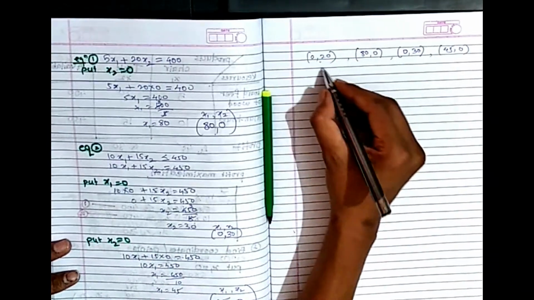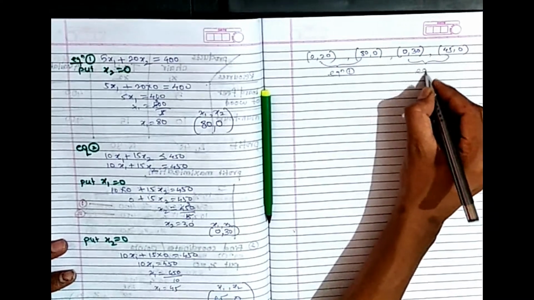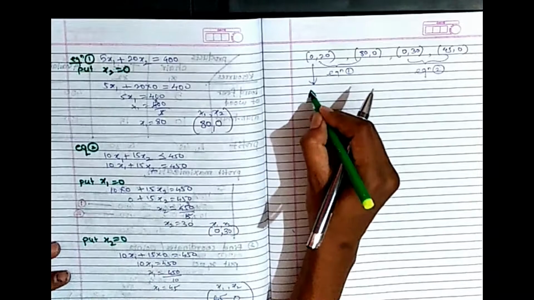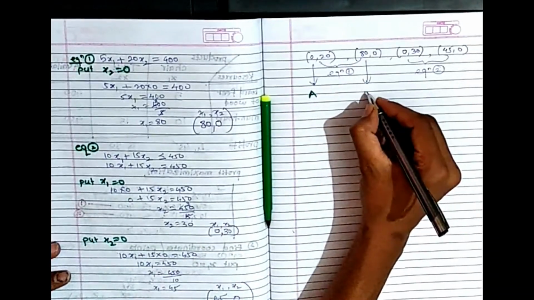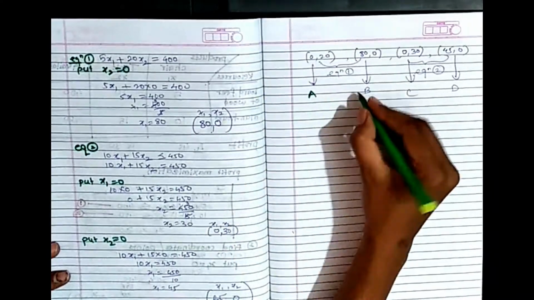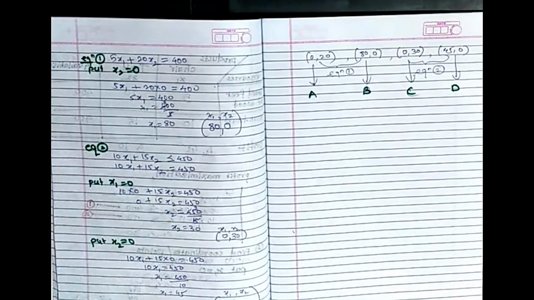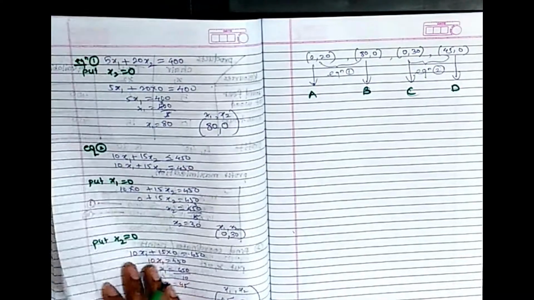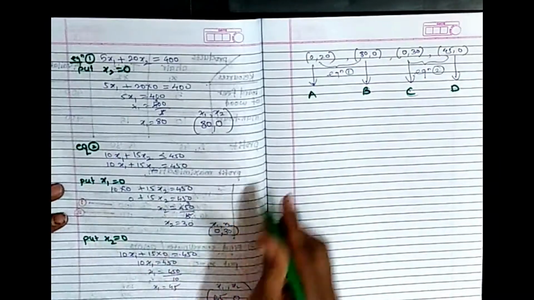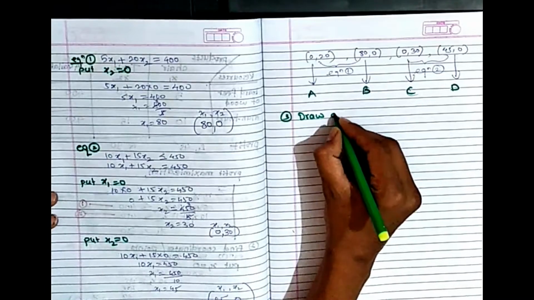These 2 points are from equation 1 and these 2 points from equation 2. So we'll label this as A, this as B, this as C and this as D. So we are getting these 4 points A, B, C, D. So we have completed the second step to find the coordinates. The next step is we have to draw the graph.